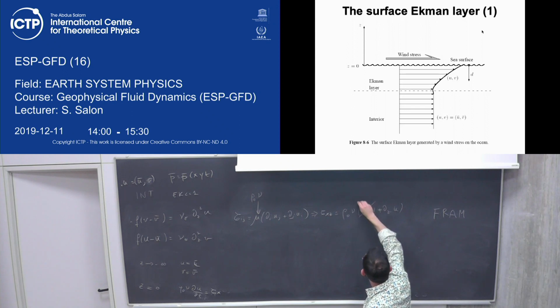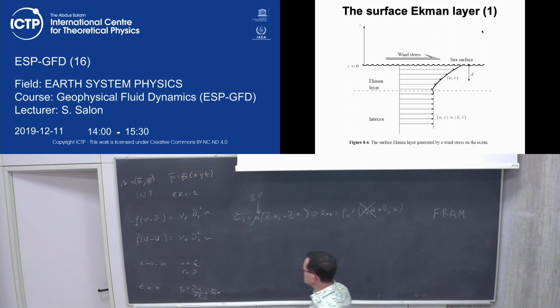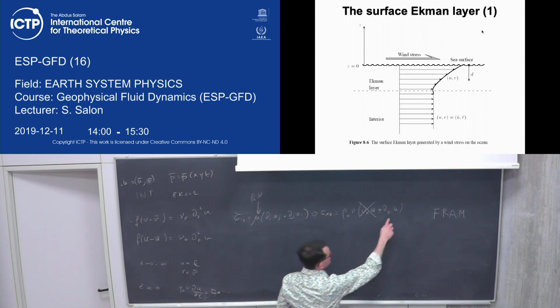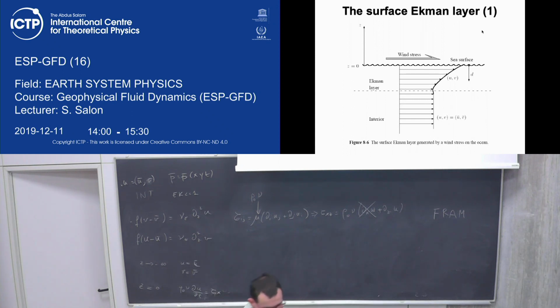So w doesn't exist, let's say there is no change of w with respect to x, so we cannot neglect, and we just maintain the term dz u. So dz u is nothing more than the shear.